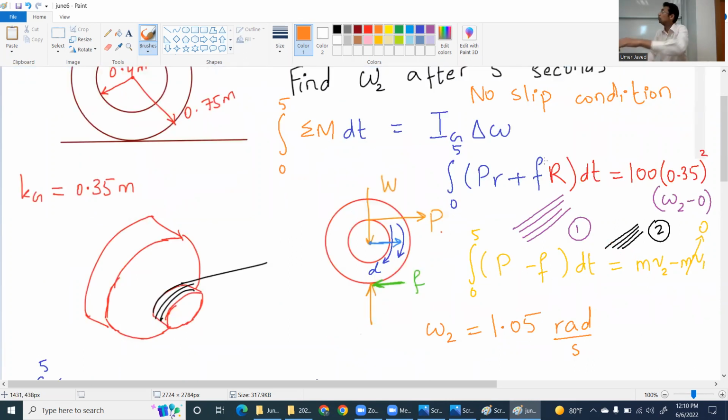Look at the light blue arrow. Look at the omega and alpha directions. I think omega and alphas are in the same direction.